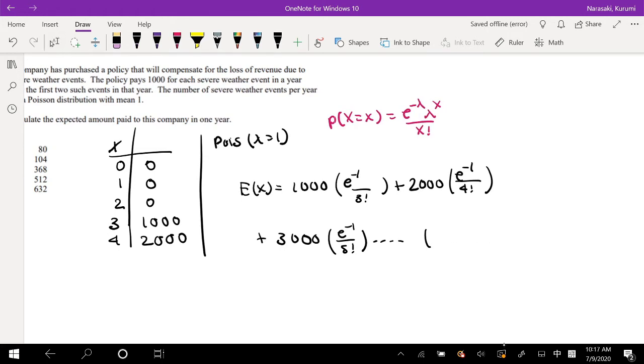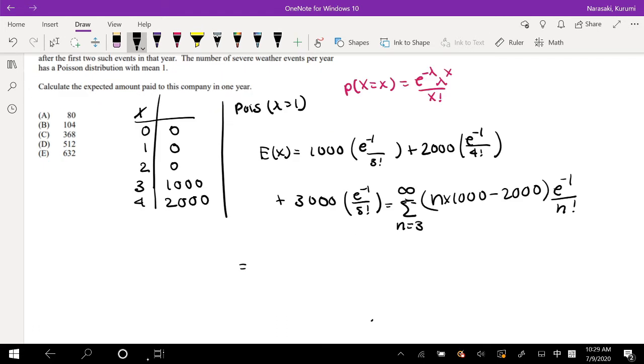Wait, I think I should say n times 1,000 minus 2,000, times e to the negative 1 over n factorial. So we're summing this up from n equals 3 to infinity. That's basically what we can infer from the pattern that we see here.